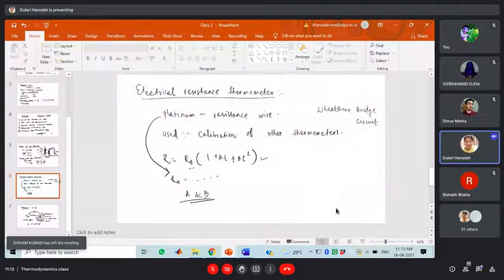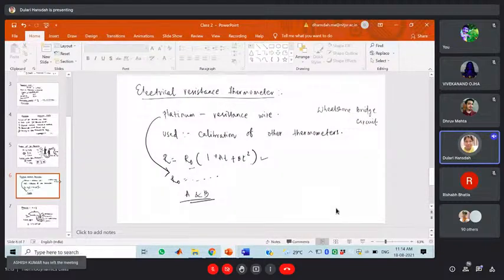This equation gives you the change in resistance, and here T is your temperature. So this relation can give you the temperature of any system. Mainly this type of electrical resistance thermometer is used for calibration purposes, to calibrate the other thermometers.